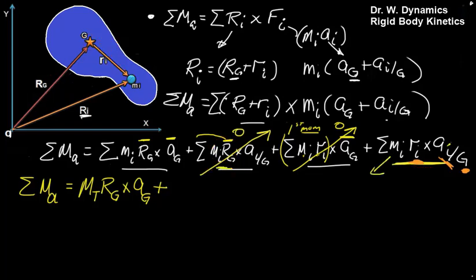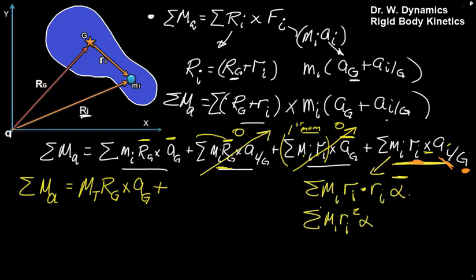So this reduces to the sum of the miRi's times Ri alpha. We don't need the cross product anymore because we evaluated that. And that's a constant, so this becomes the sum of the miRi squareds times alpha, and that is the I, moment of inertia, about G. Remember, lowercase r is with respect to the centroid.